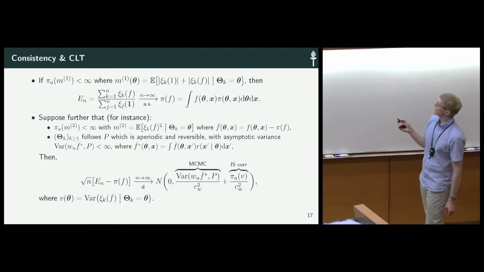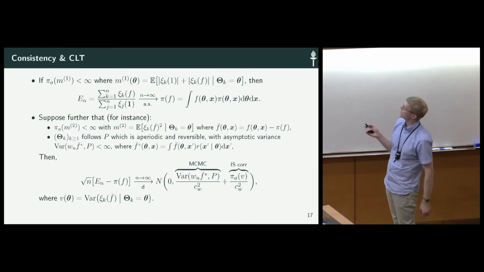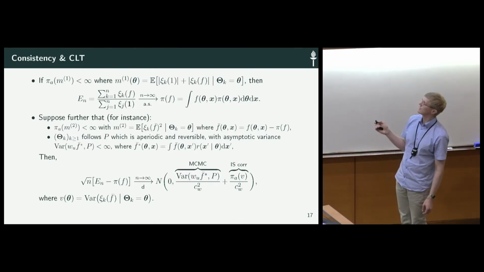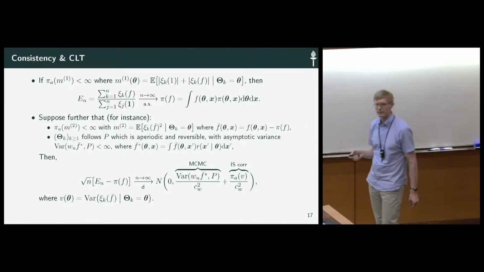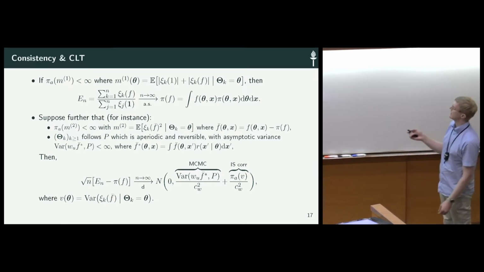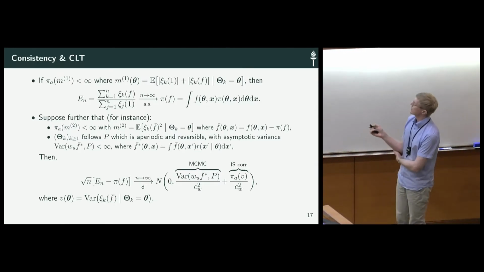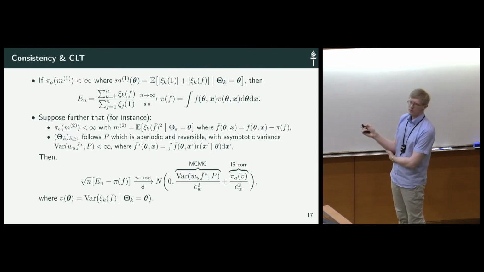What I want to point out here is that you get a separation of two bits in the asymptotic variance of that estimator in this central limit theorem. The first part corresponds to how good your MCMC is, and it contains the mixing bits of the MCMC.